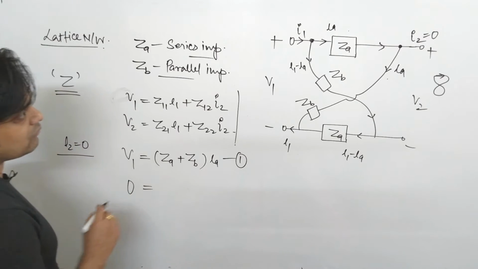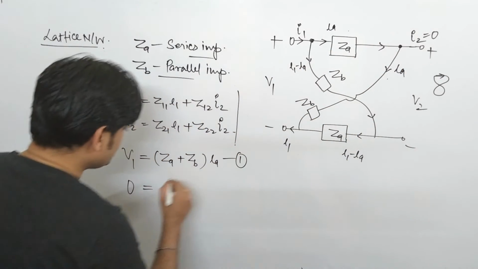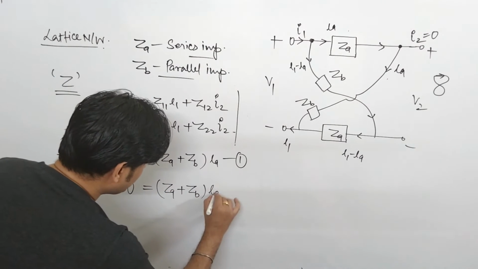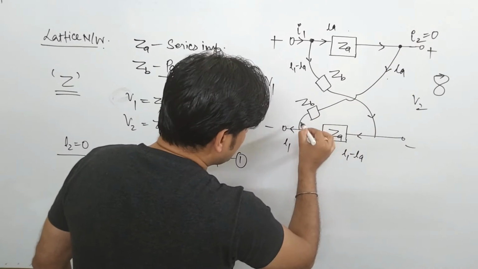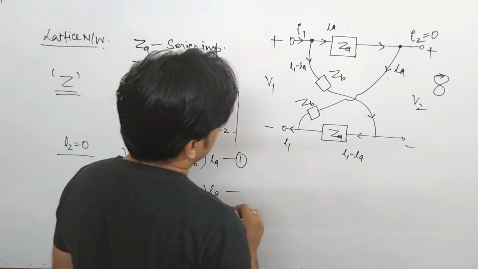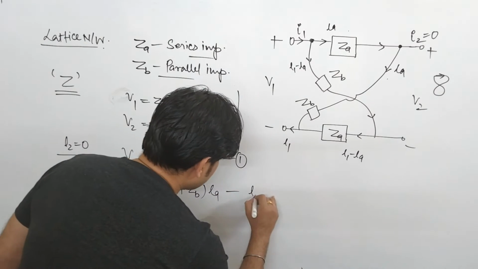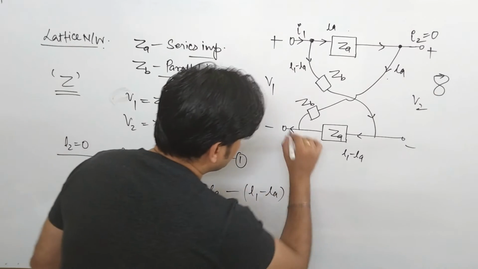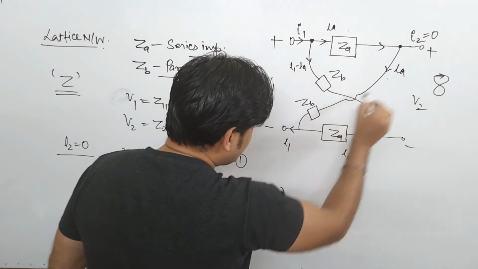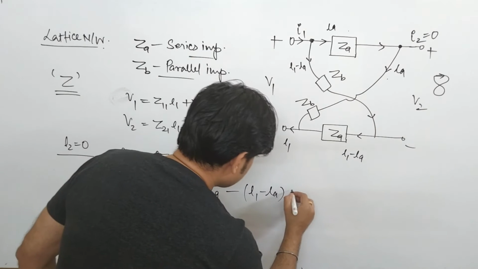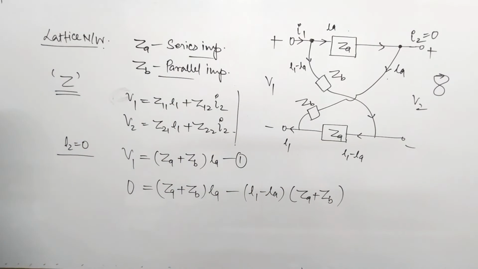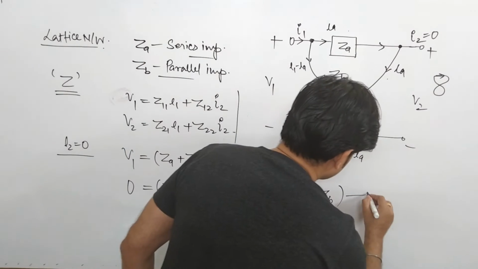You can say 0 is equal to ZA plus ZB, the current flowing is IA, in this fashion. And now I am moving in this fashion, so I am going against the direction of the current I1 minus IA. Like that I am moving, and now like that I am moving in this fashion. So this is also against, it is ZA plus ZB. So this is your equation second.